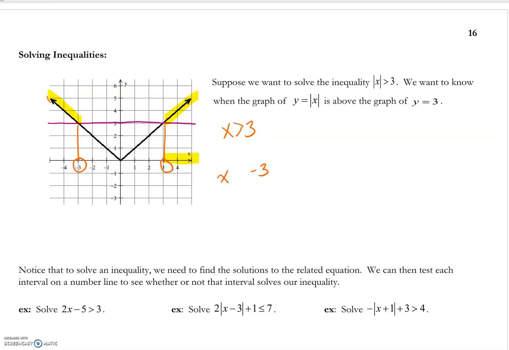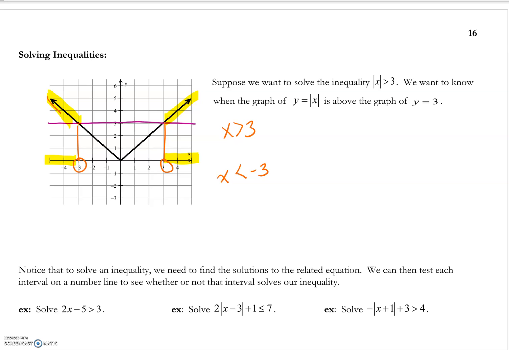Additionally, if I look at my second highlighted section, on the other side of the graph, that goes over the x values that are smaller than negative 3. So I have two different pieces of my solution. x is greater than 3 and x is less than negative 3.